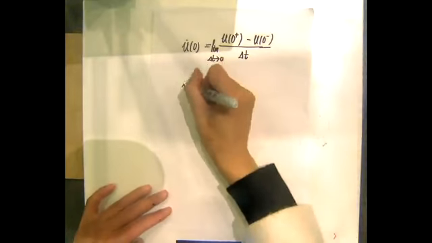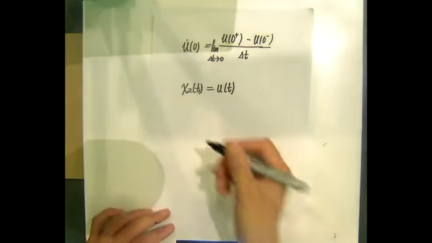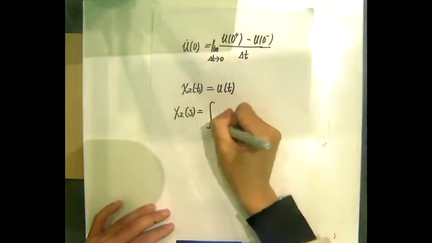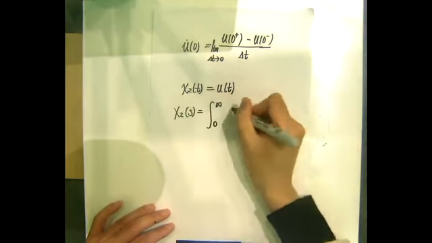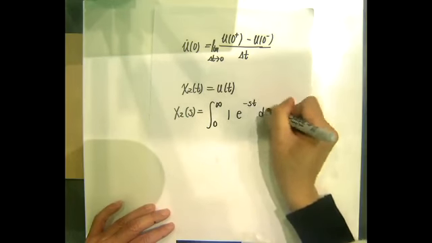Okay, my x2(t) is my u(t). Okay, I will use the definition of my X2(s) as integral from 0 minus to infinity of constant e^(-st) dt.